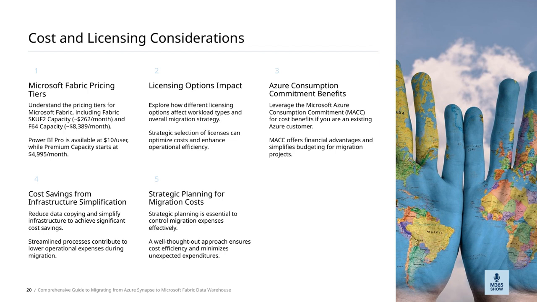Overall, these considerations, strategic planning, cost-saving measures, licensing options, and pricing tiers, are all vital pieces of the puzzle as you move from Azure Synapse to Microsoft Fabric. They help ensure your migration is not only successful, but also cost-effective.